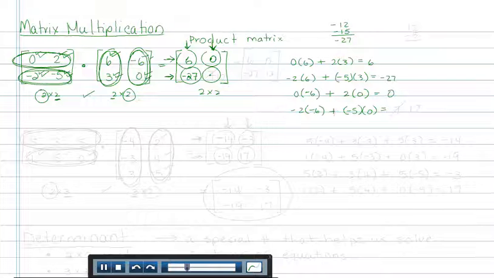And that's going to be 12 plus 0, so it'll be 12. And that's the value that goes in here.